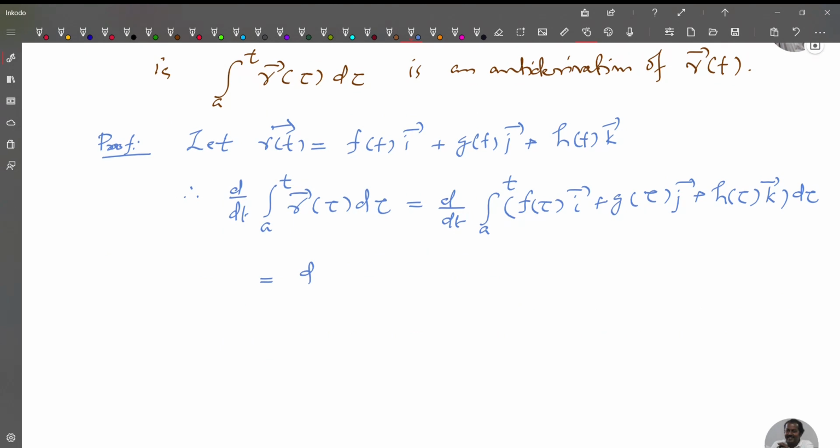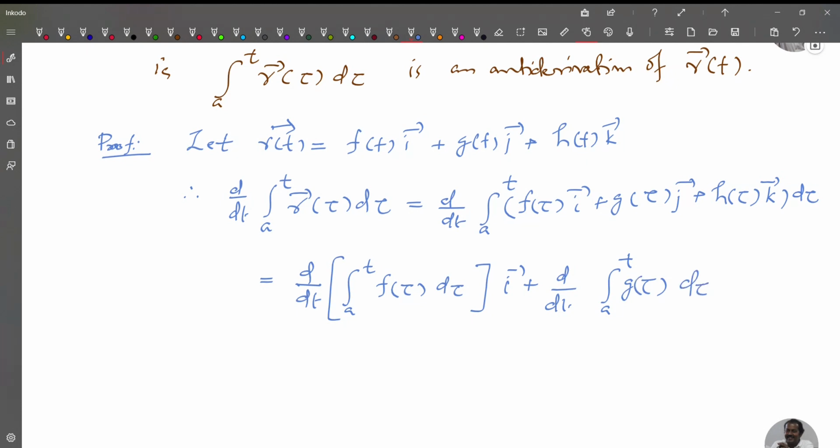That is equal to d by dt of the integral of f of tau d tau times i, plus d by dt of the integral of g of tau d tau times j, plus d by dt of the integral of h of tau d tau times k.